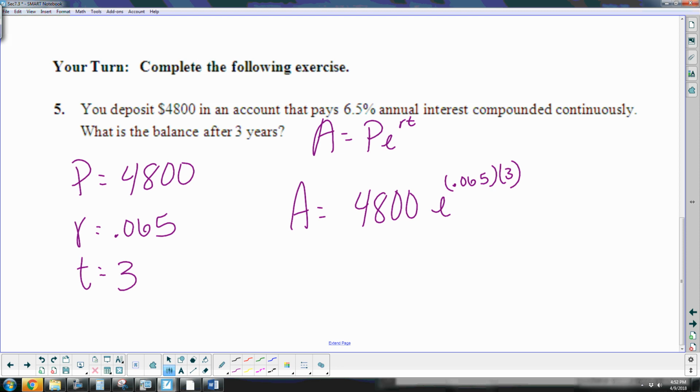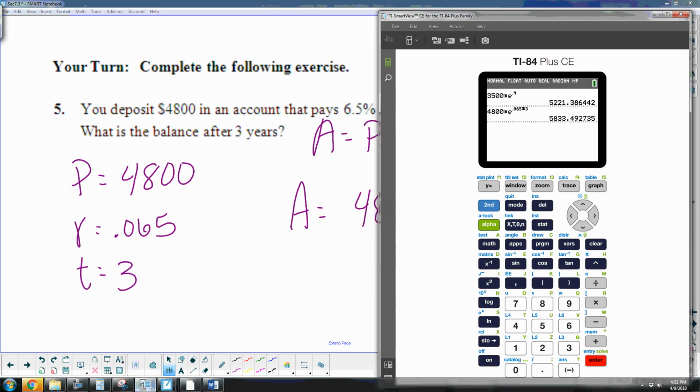Our rate is 0.065. That's our rate expressed as a decimal. And we're looking for continuously compounded after 3 years. So A equals 4,800 times e to the 0.065 times 3 power, which if you put that in your calculator, you get $5,833.49.